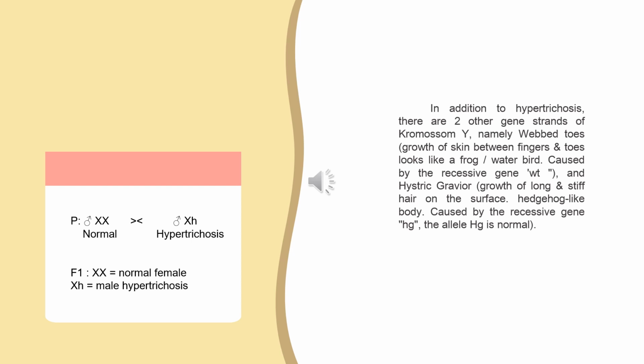We have here XX as a normal female and XH as a hypertrichosis male.